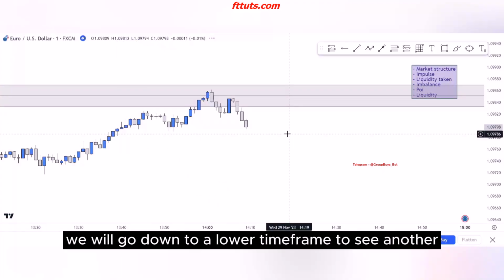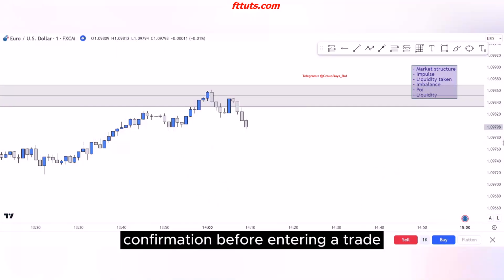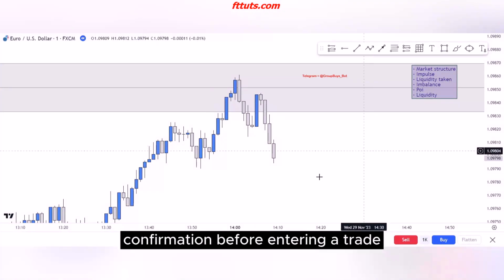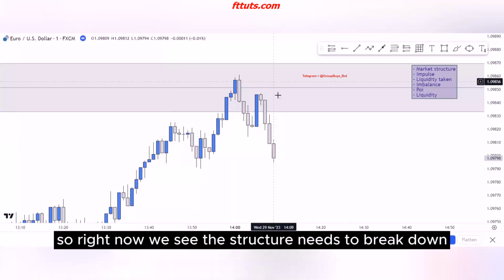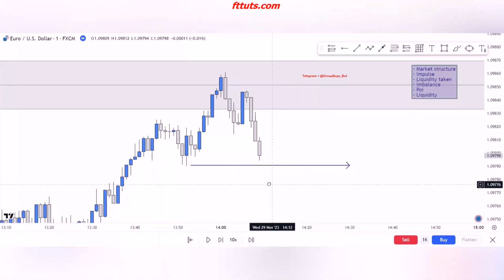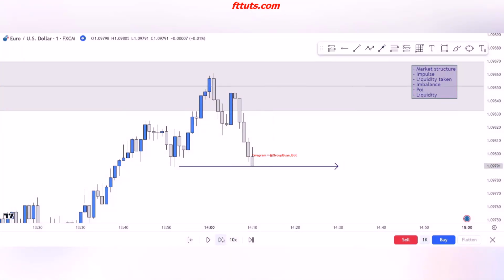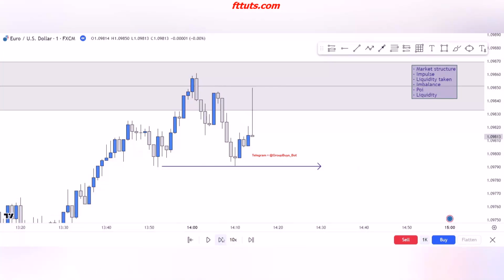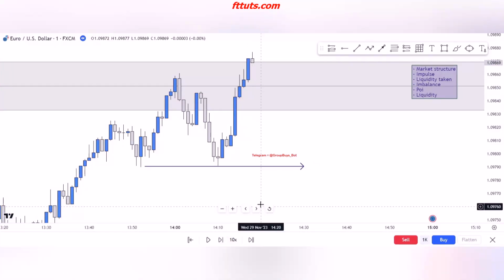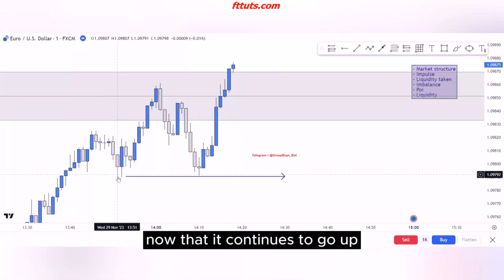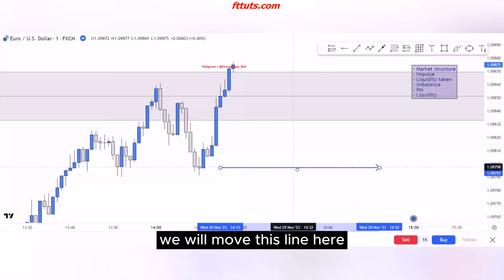We will go down to a lower time frame to see another confirmation before entering a trade. So right now we see that this structure needs to break down. Now that it continues to go up, we will move this line here.